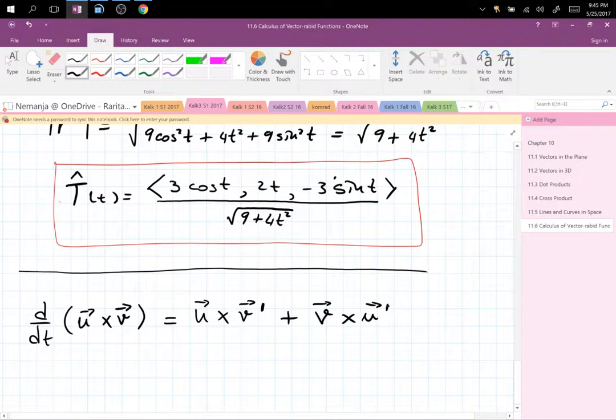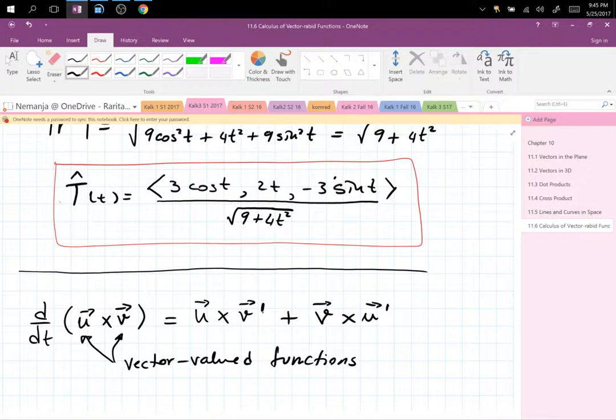And each one of these is a derivative of vector valued functions. So you will have to do two cross products, and they're all functions in terms of t, so it's a lot of nasty algebra.